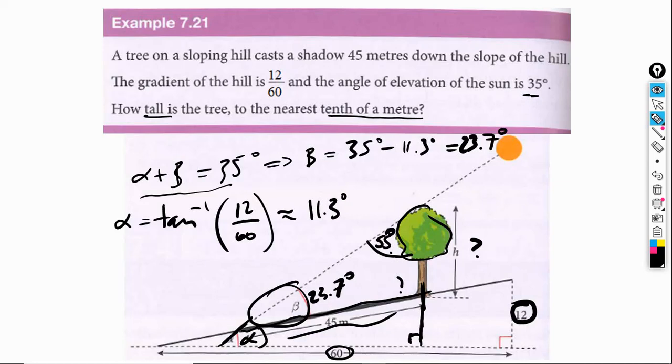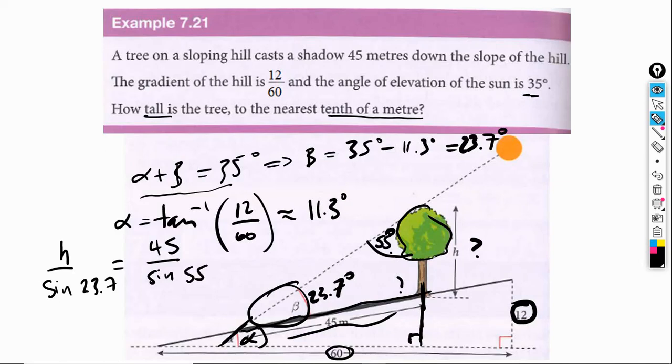Okay, so now we're ready to find the height, because we could say that the height over sine of 23.7 is equal to 45 over sine of 55.